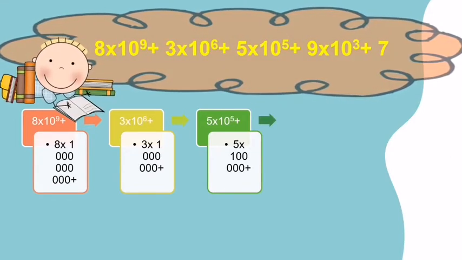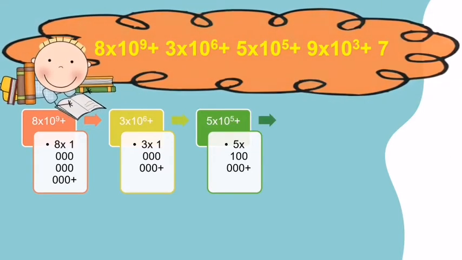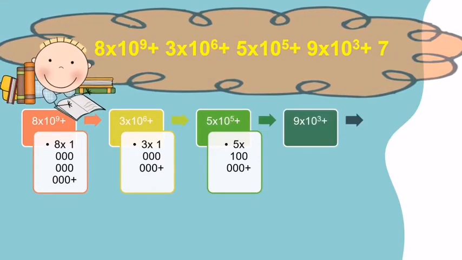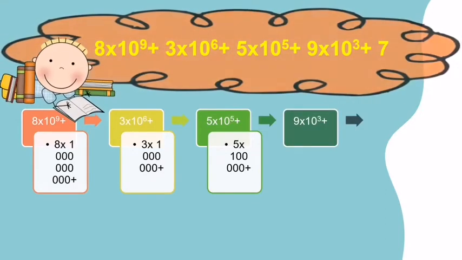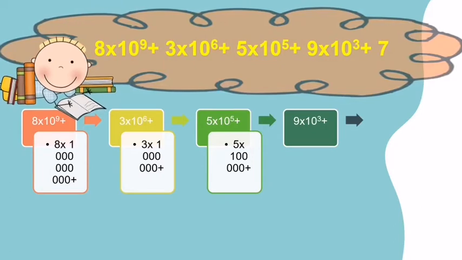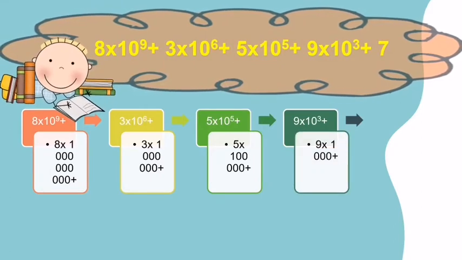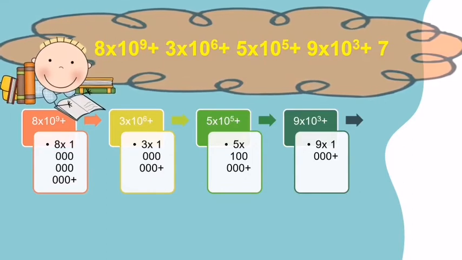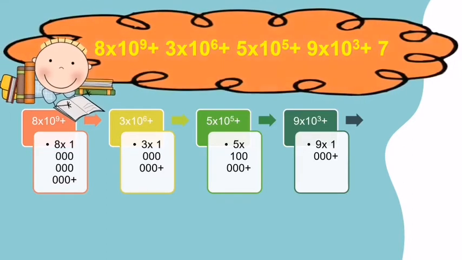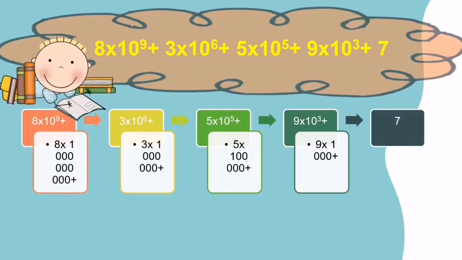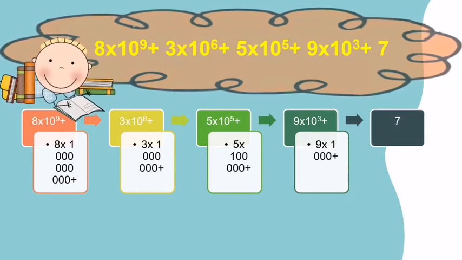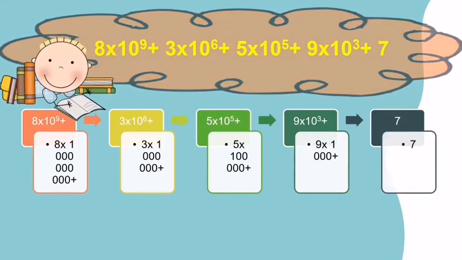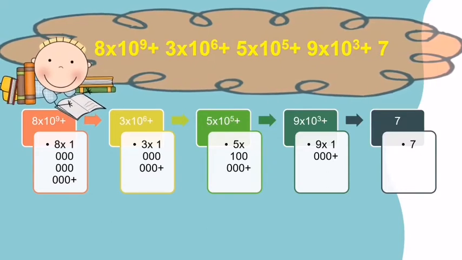As you can see, you have there 5 zeros because your exponent is 5. And we also have here 9 times 10 cubed, meaning you also have this answer 9 times 1,000. It has 3 zeros because your exponent is 3. And our last digit is 7. And it will look also like 7.